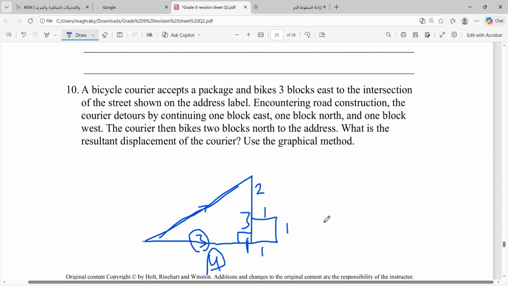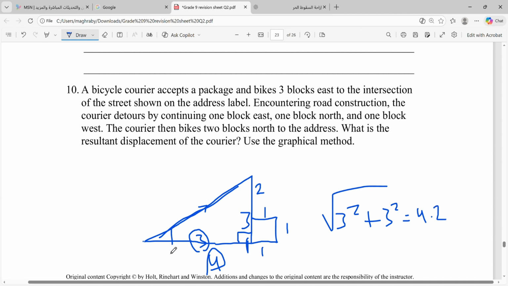Root of 3 squared plus 3 squared. The answer will be 4.2.